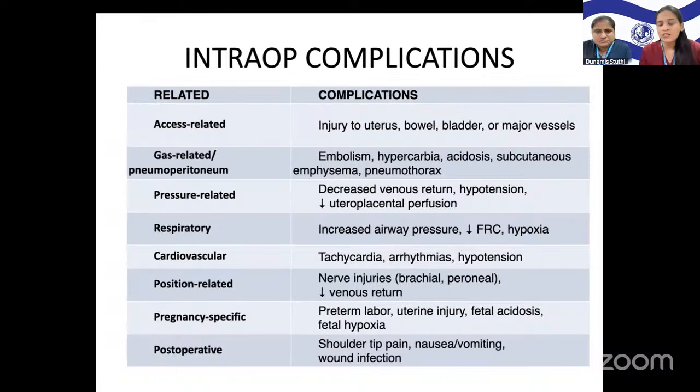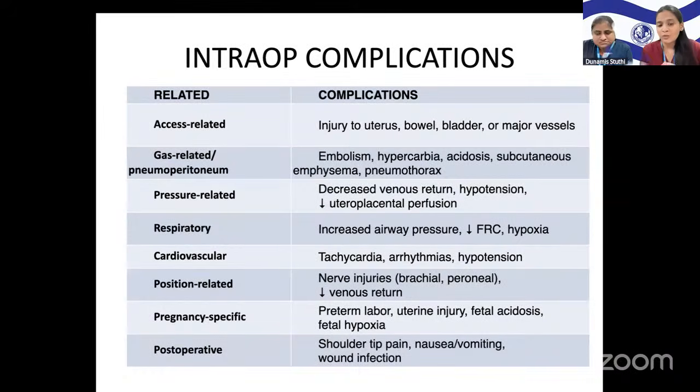This can cause decreased venous return, hypotension, and decreased uteroplacental perfusion. Respiratory complications can be increased airway pressure causing hypoxia. Cardiovascular changes include tachycardia and arrhythmias, which can be due to carbon dioxide. Position related: in laparoscopy we sometimes have to give the Trendelenburg position, so there can be position related nerve injuries and decreased venous return.